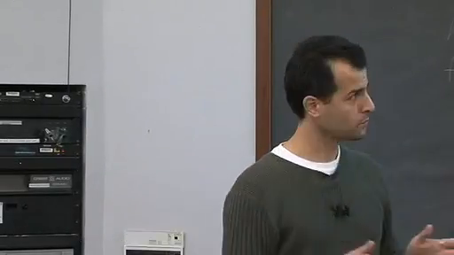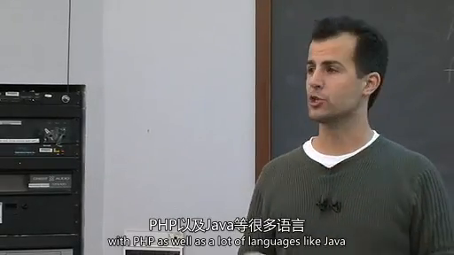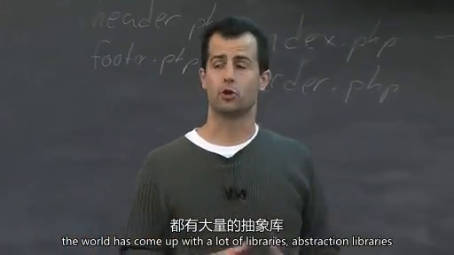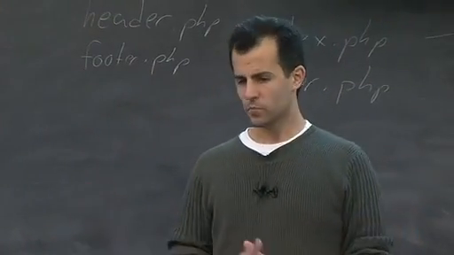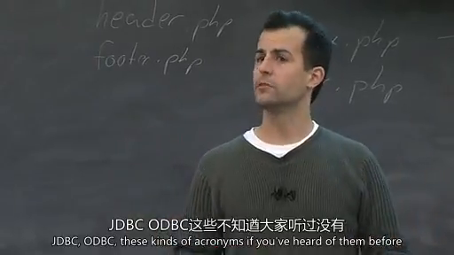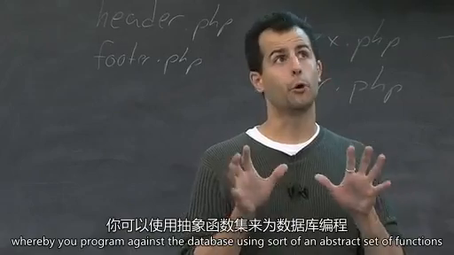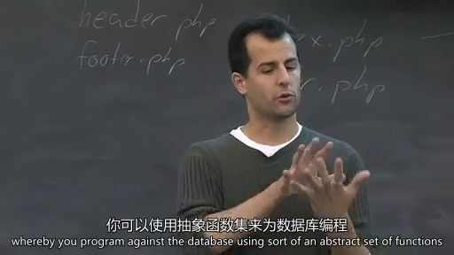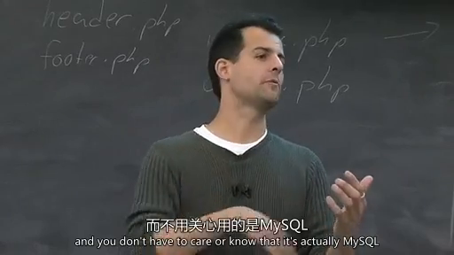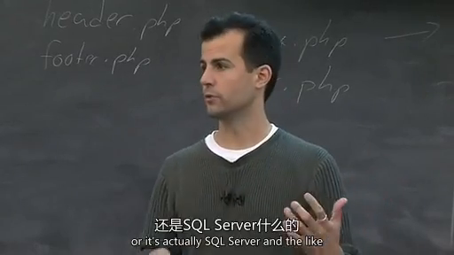And what's nice too, with PHP, as with a lot of languages like Java, the world has come up with a lot of abstraction libraries, JDBC, ODBC, these kinds of acronyms, if you've heard them before, whereby you program against the database using an abstract set of functions, and you don't have to care or know that it's actually MySQL or it's actually SQL Server and the like.